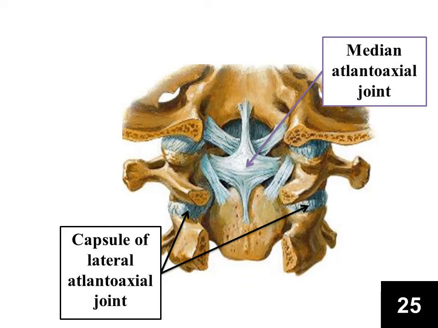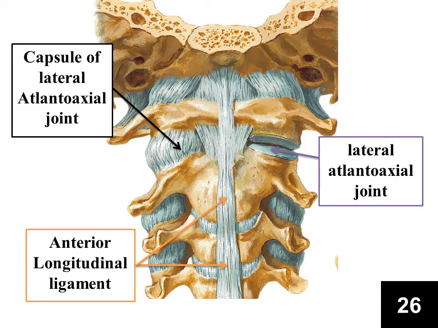If you look inside here, this is the median one, this is the body of the axis, or second cervical vertebra. Now in this picture also the capsule of the lateral atlanto-axial joint indicated by the black arrow on the right side.